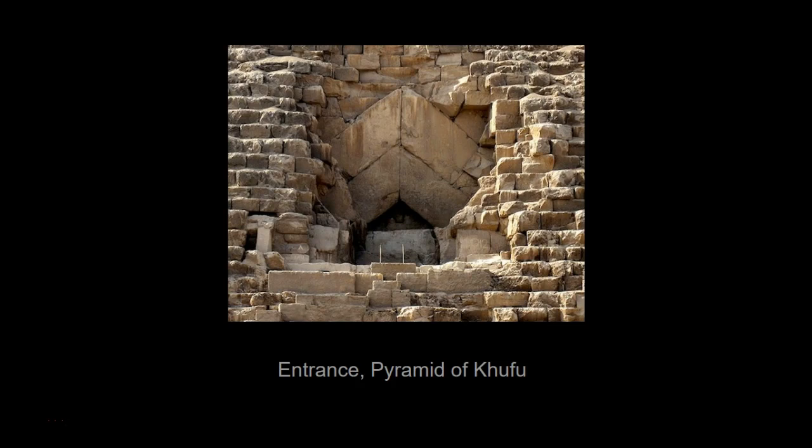When entering the pyramid, one has to crawl up a cramped ascending chamber that opens suddenly into a stunning grand gallery. This corbelled passage soars to a height of about 26 feet and leads up to the king's chamber, which is constructed entirely from red granite brought from the southern quarries at Aswan.